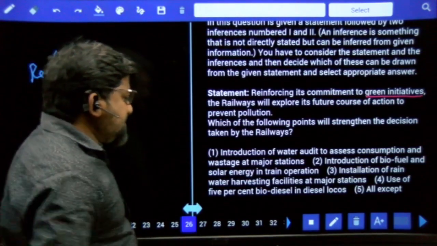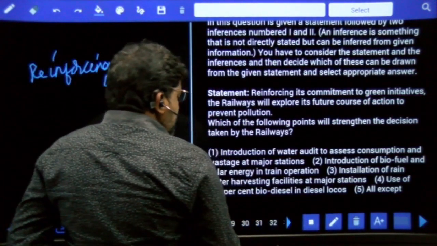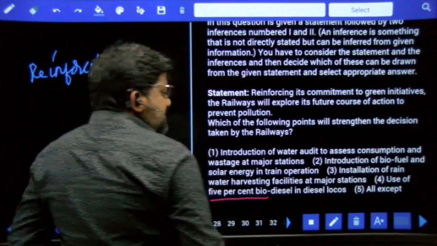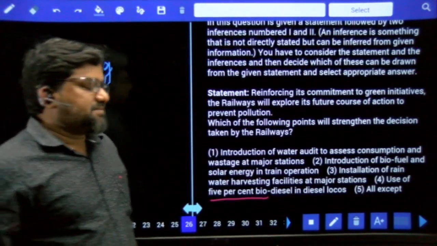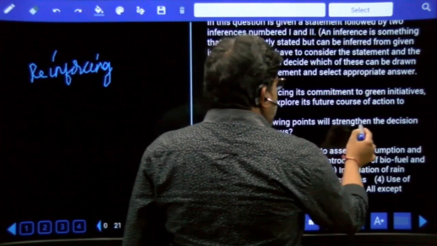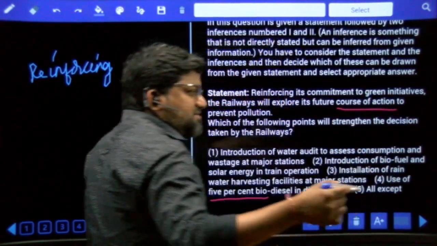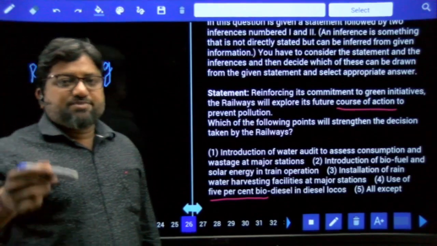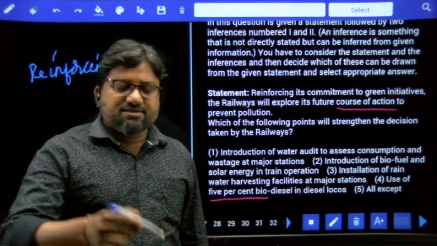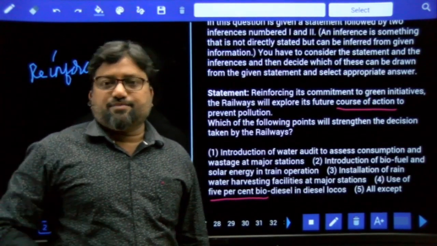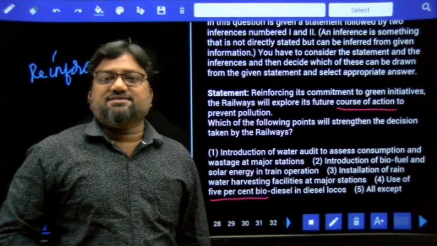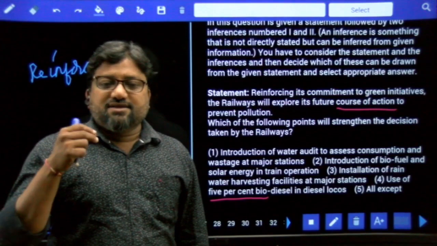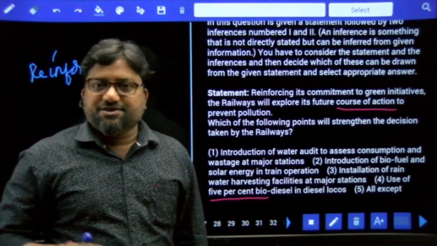Use of 5% biodiesel in diesel locos. Use of 5%. Always remember one point. Whenever we teach you the topic of course of action, we tell you something. A course of action should be in such a way that it should either solve the problem or mitigate the given problem. What do you mean by mitigating the given problem? Lessen the severity. So either it should solve the problem 100% or it should lessen the severity.